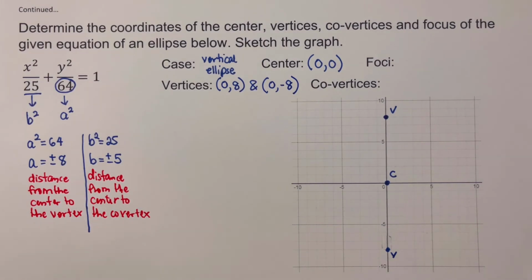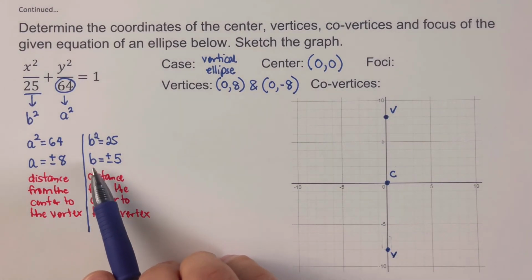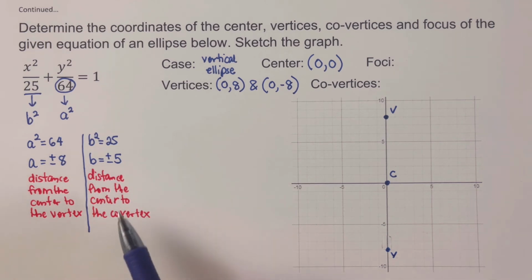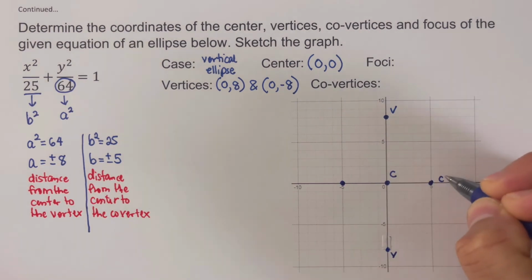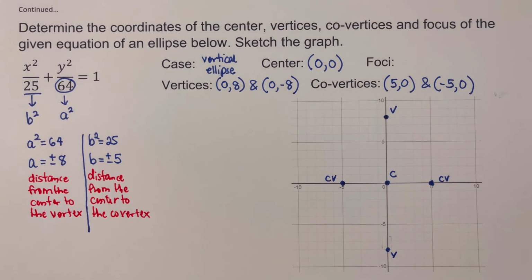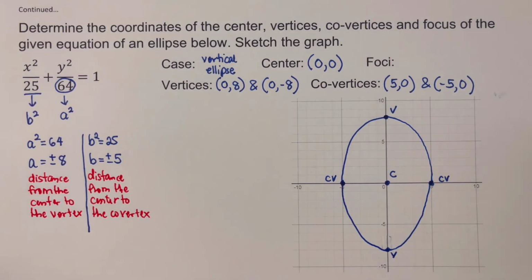Now we are going to determine the co-vertices. Now remember that the co-vertices is represented as letter B, and we have a 5 here, so we go left, right, 5. Okay, so then we are ready to sketch the graph of this ellipse right here. Okay, now let's determine the location of the focus. Now we remember that one focus is located at the distance C from the center.